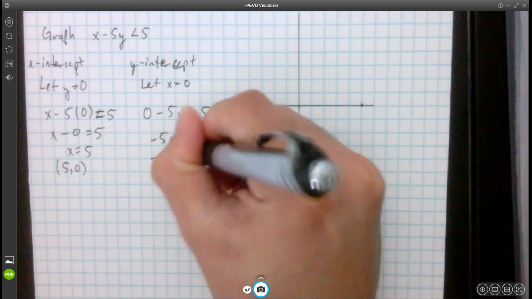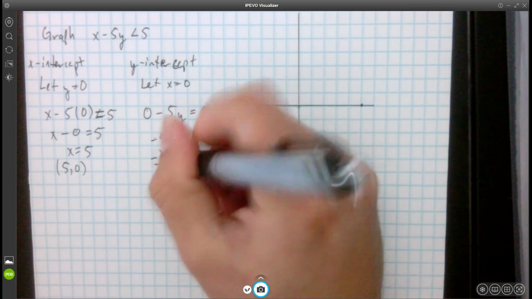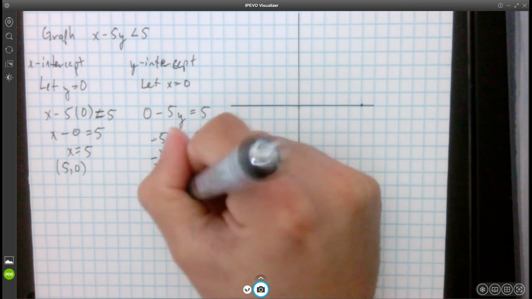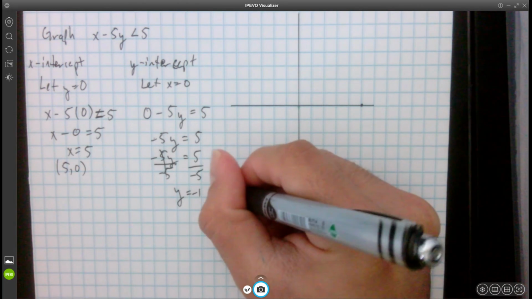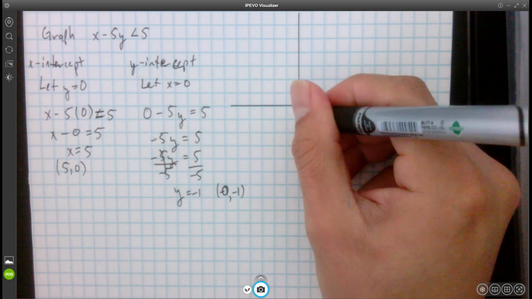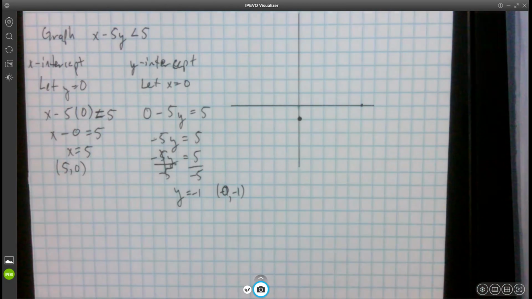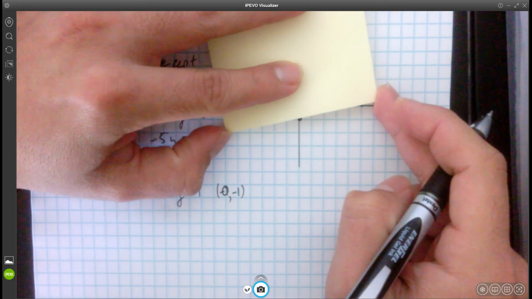Divide both sides by negative 5. These cancel, leaving me with y equals negative 1. So my y-intercept is (0, -1). I mixed those up a bit. (0, -1), right there. Now I'm going to connect the 2 points. Let's go ahead and do that.